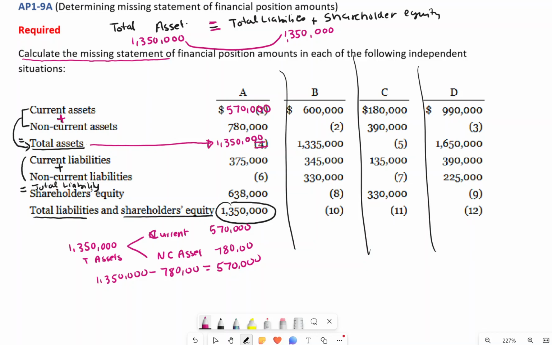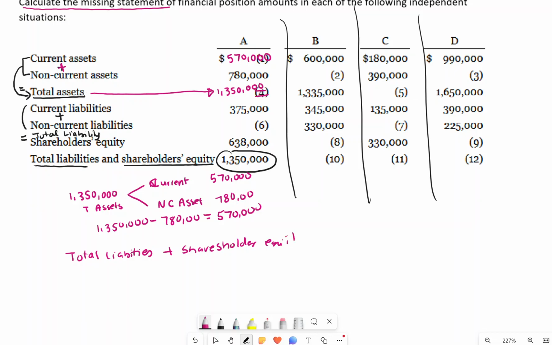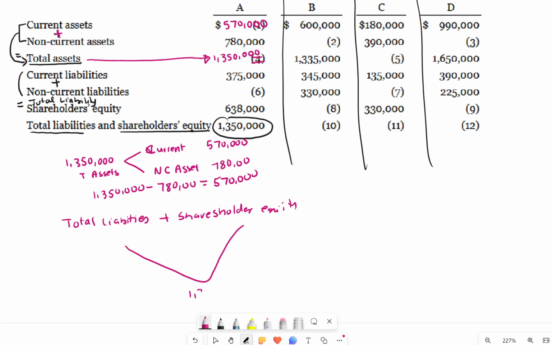Going further, they say that now my total liabilities, but I also know my total liabilities. I'm just going to put it in here. My total liabilities plus your shareholders' equity, if I add both numbers, is 1,350,000.